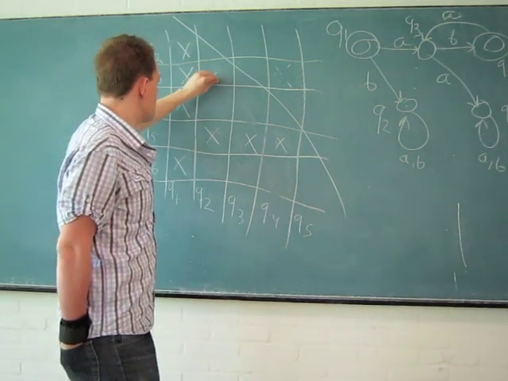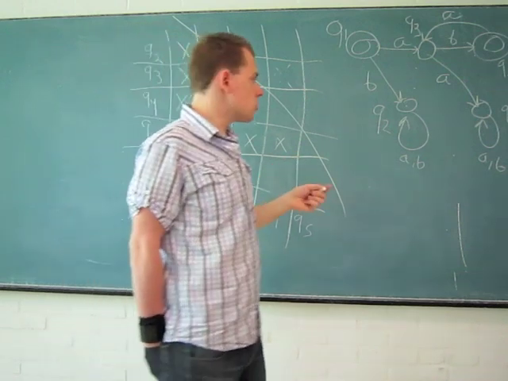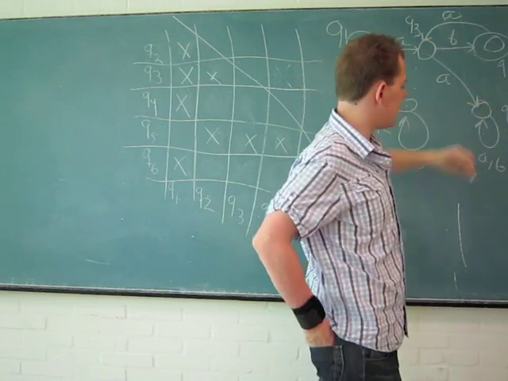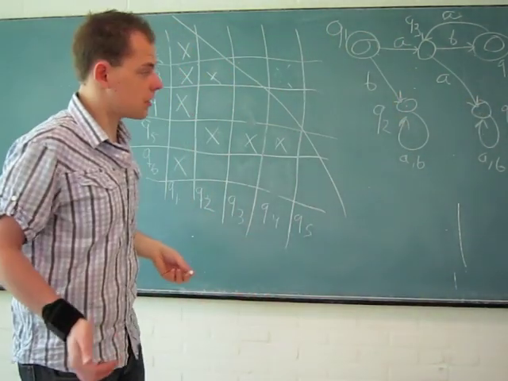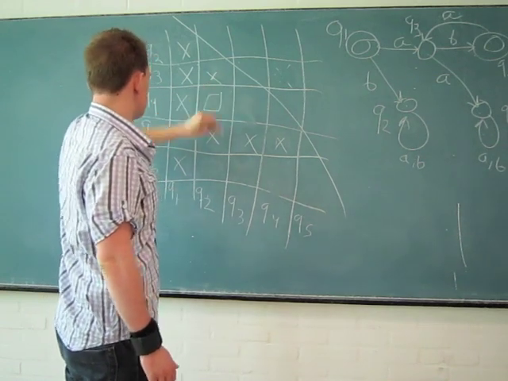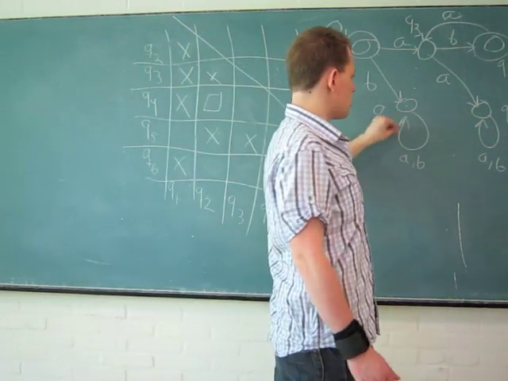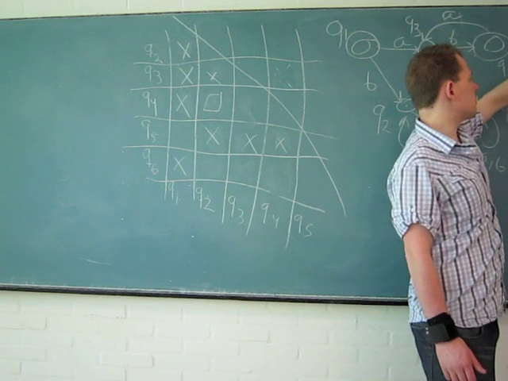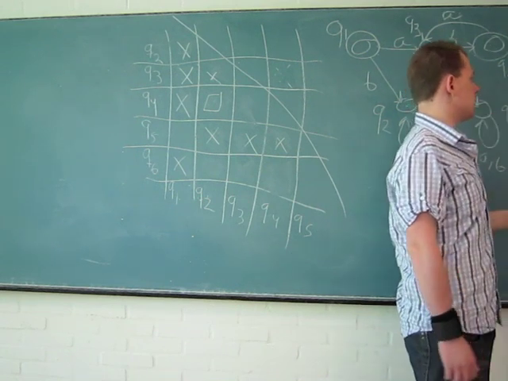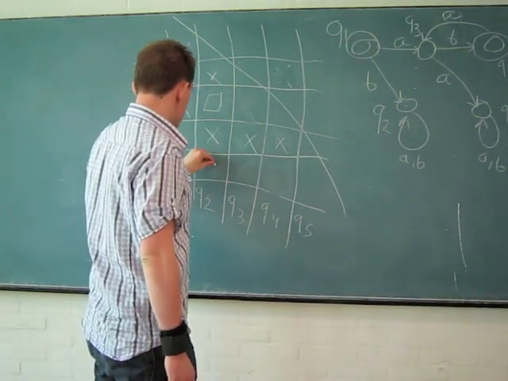If we look at Q4 and Q2, we can try every input string, but this will go in circles. The same happens over here. So they are actually the same, because they will always go in circles and come to the same state. Let's look at Q6 and Q2. Q2 will go in circles, and the same happens for Q6. This could also be written as removing this and then saying A, B. That doesn't matter. The point is they're going in circles and they are the same.